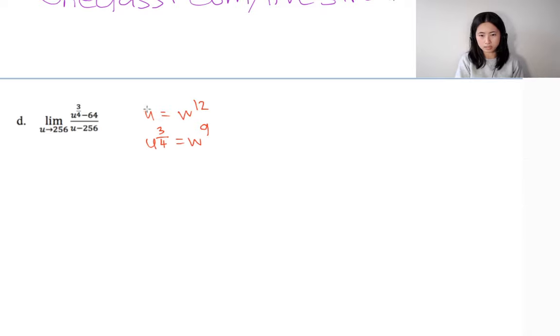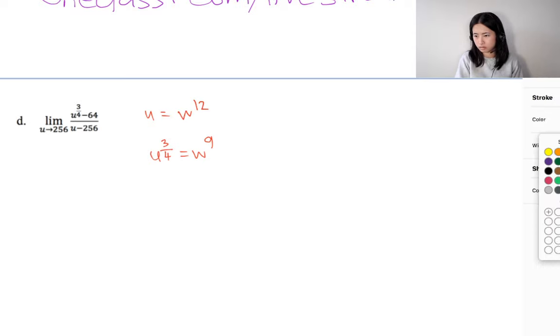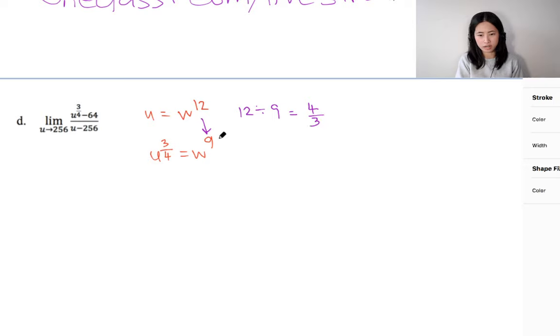Okay, so if you're coming from 12 to 9, you're going to have 12 divided by 9. We know that it's 4 over 3. So we're just making a ratio between u raised to the power of 1 and 3 over 4.